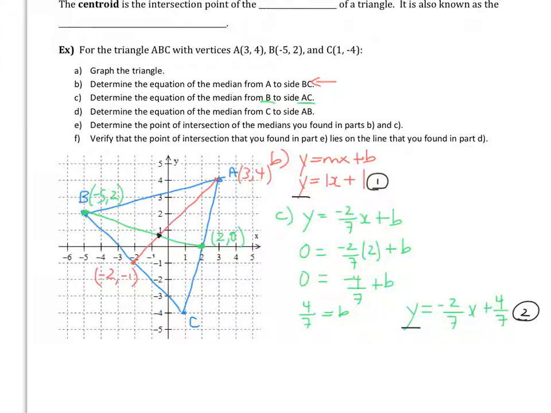Okay, now because this did ask me to find this other equation for my median, the one that goes from C and reaches its midpoint across from it, I believe the midpoint looks like it's right about here, so my median should look like that. The midpoint is at (-1, 3). I could calculate my slope.